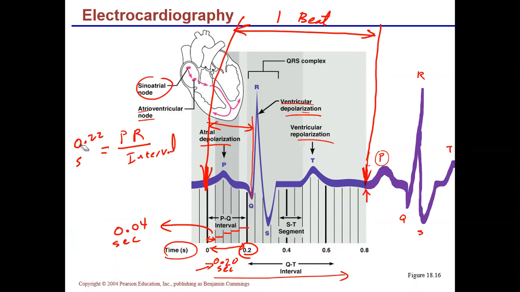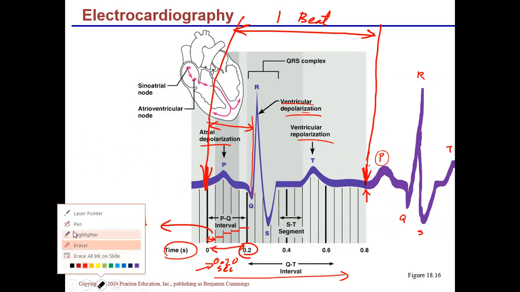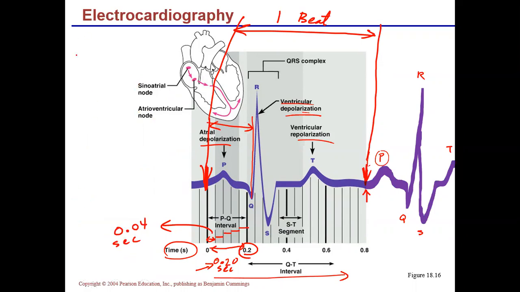All right. So let me go ahead and erase this part and use this side to calculate things for you. Okay. First, I've got to know how long 1 beat is taking, starting from here all the way to here. If you want to pause the video, you could.